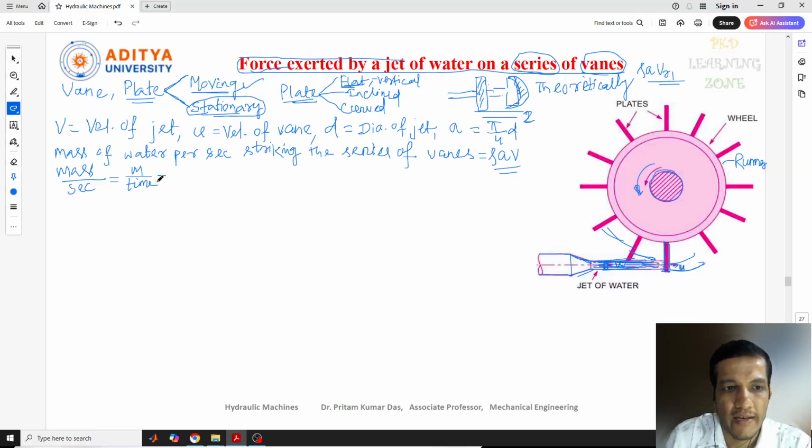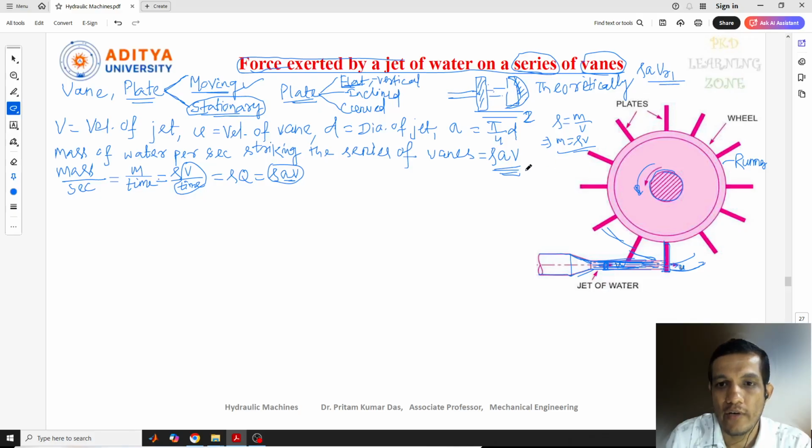As I know rho equals mass by volume, mass equals rho into volume. So the same thing here: rho into volume by time. This volume by time is the quantity of flow, nothing but discharge Q. So Q equals A V, area into velocity. In this way I can write this equation.